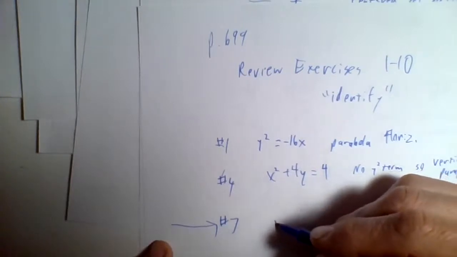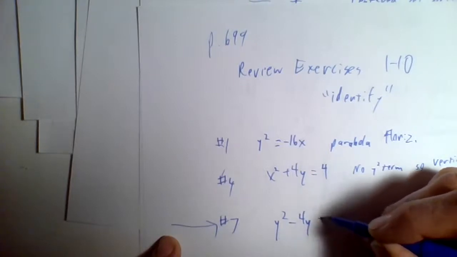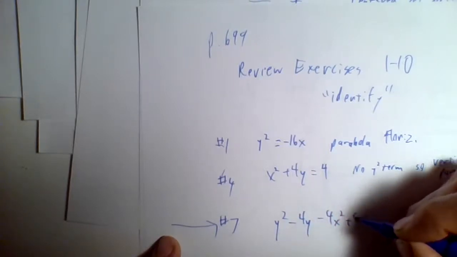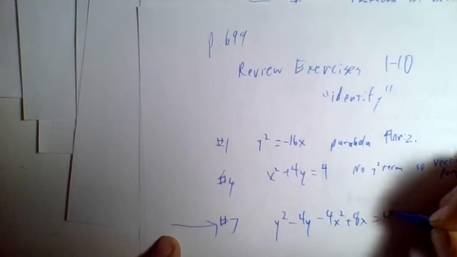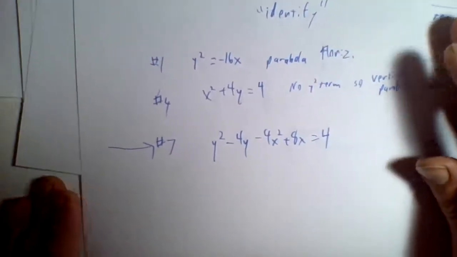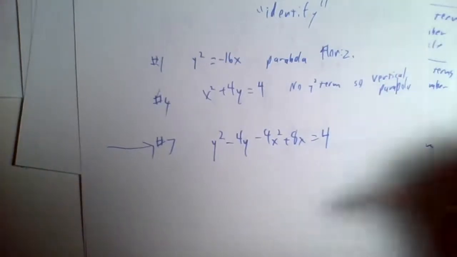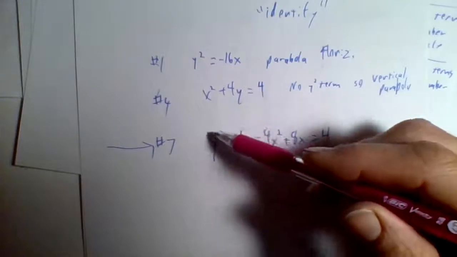Number 7, y squared minus 4y minus 4x squared plus 8x equals 4. This has all of this stuff in it. It's got an x squared and a y squared term in it.